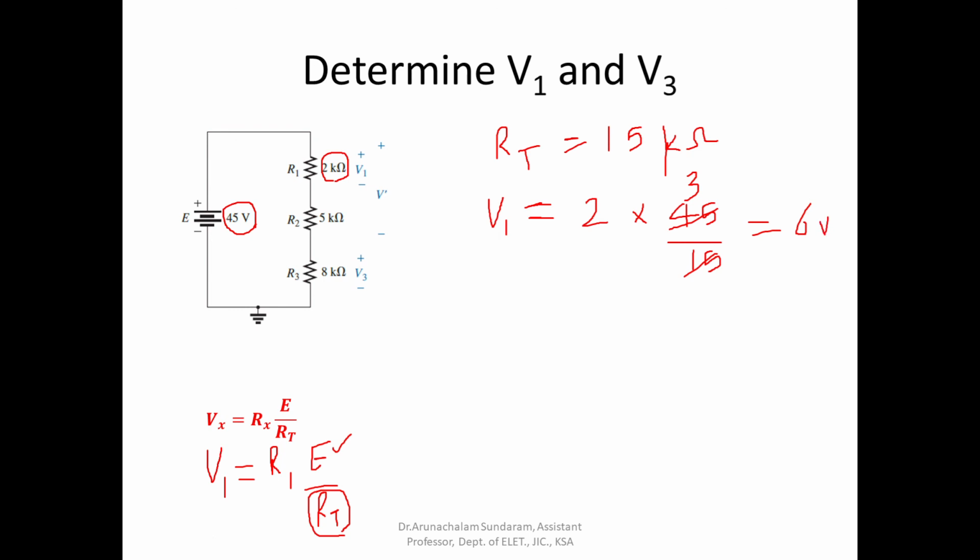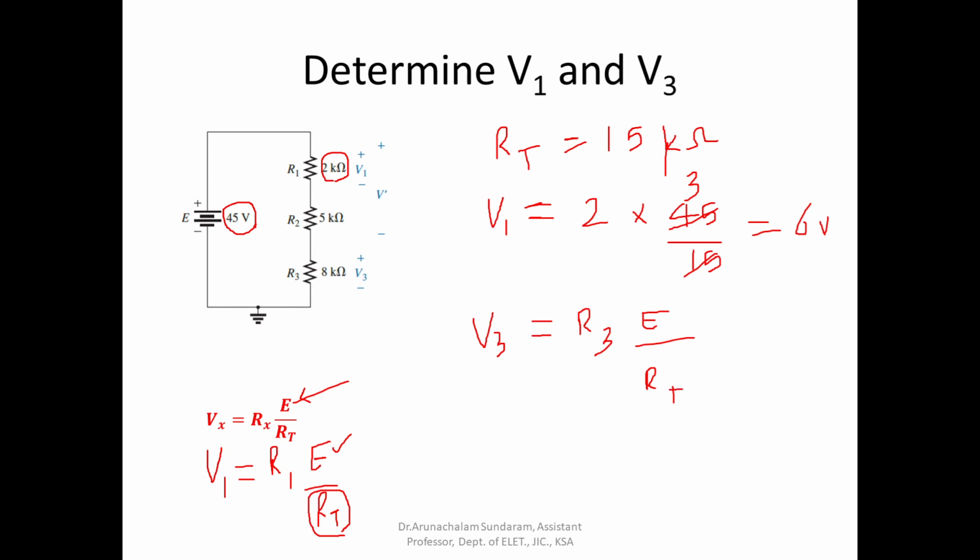Now how to find V3? In this formula, instead of x, you have to put 3. So what will be the answer? V3 is equal to R3 into E by RT.